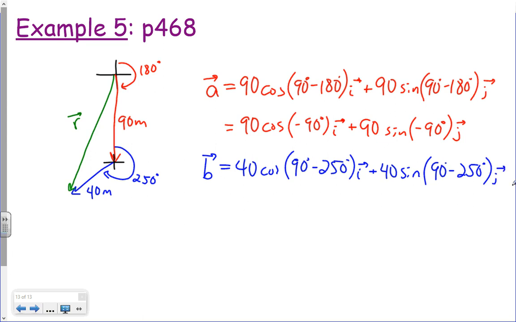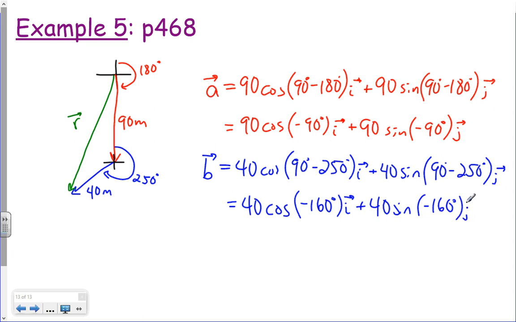And again, you can just write that all simplified in the first step, but I want to make sure it's clear where we're coming up with these numbers. So it's 40 times the cosine, 90 minus 250 is going to give us what? Negative 160 is what we're going to have here, times vector i, plus 40 times the sine of negative 160 times vector j.